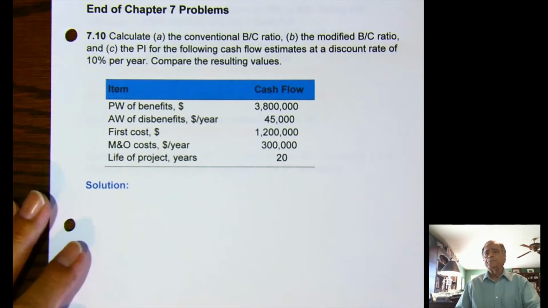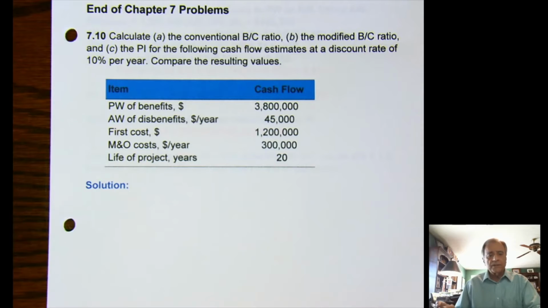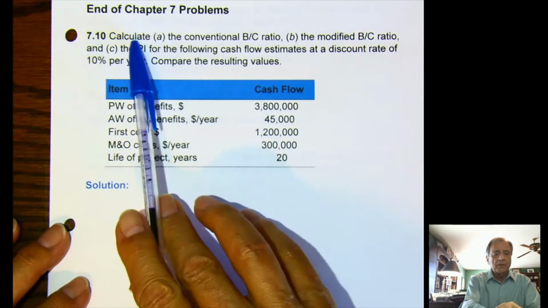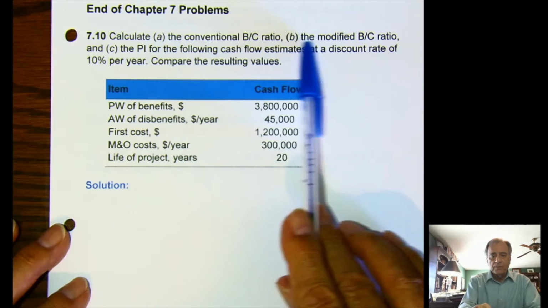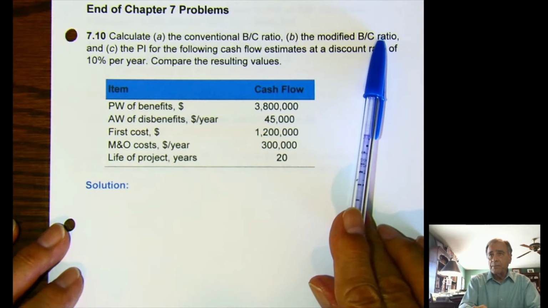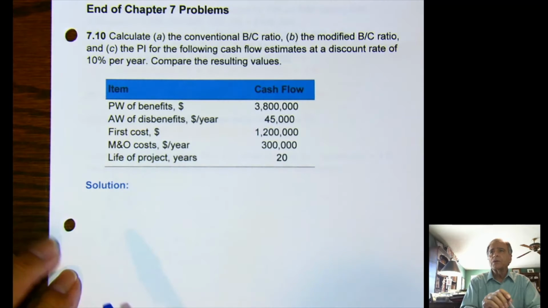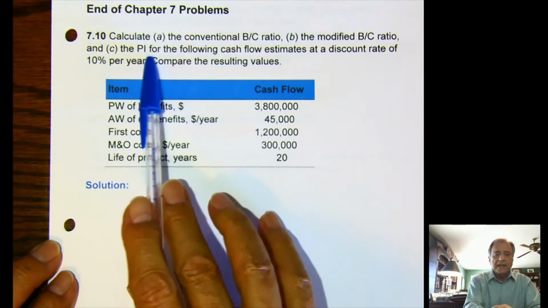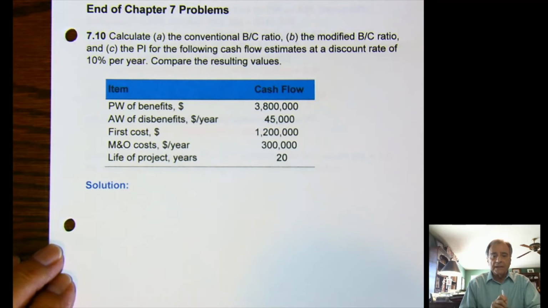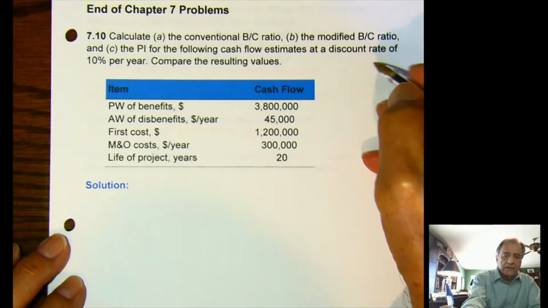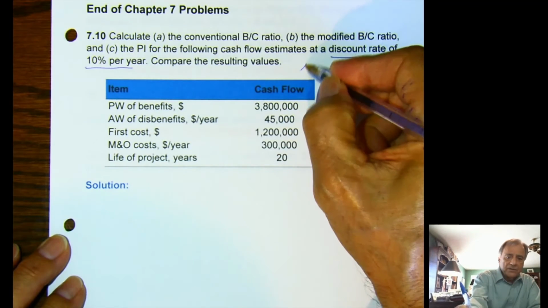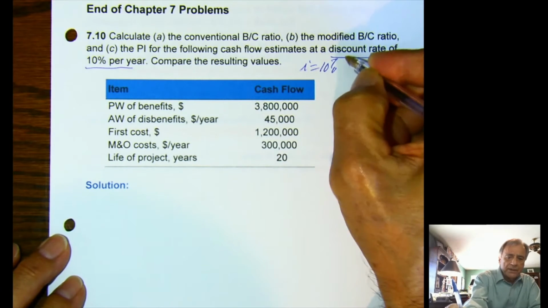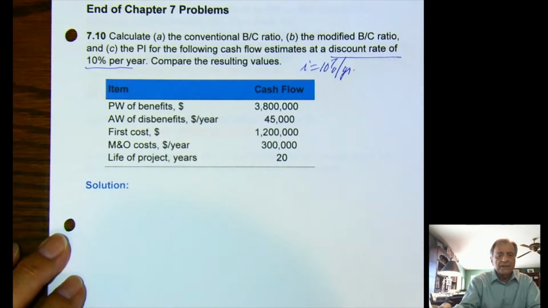So let's start and read the problem. They want you to calculate the benefit cost ratio for Part A. Part B, calculate the modified benefit cost ratio. And then Part C, calculate the profitability index. We're given that the discount rate, which is our I, the interest rate, is 10% per year, compounded annually.